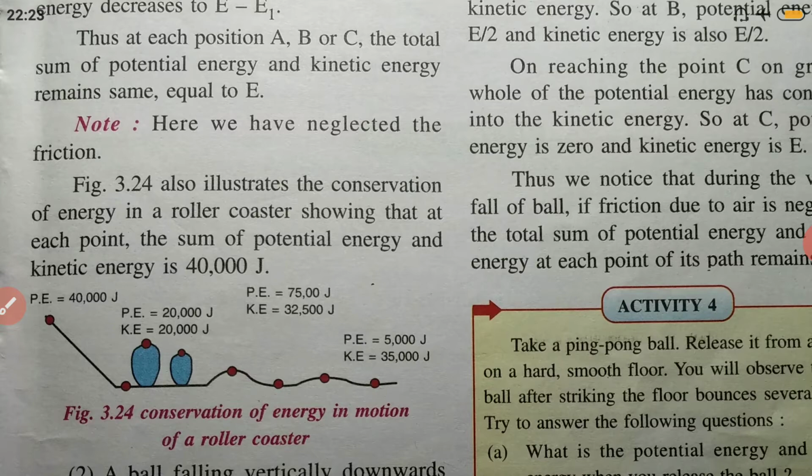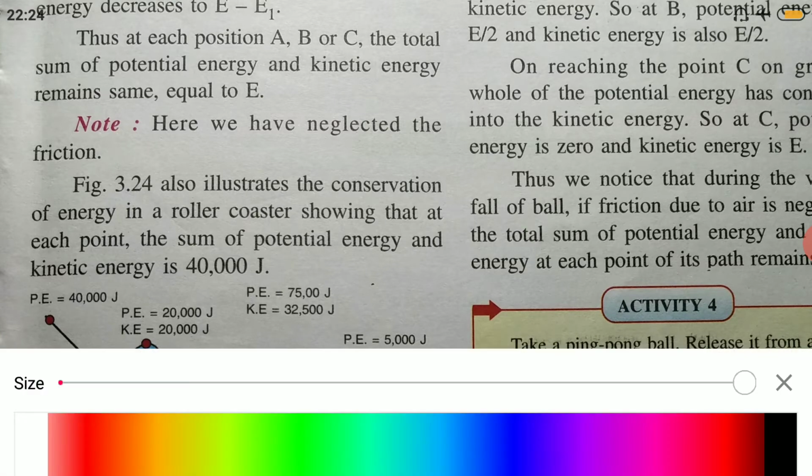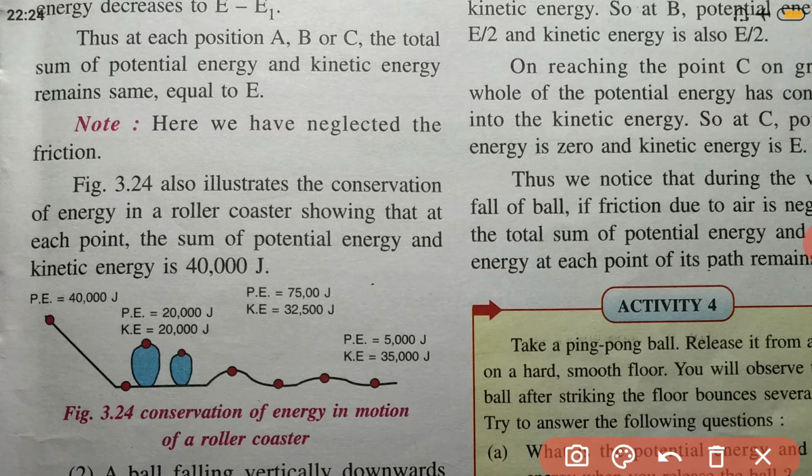Figure 3.24 also illustrates the conservation of energy in a roller coaster, showing that at each point the sum of potential energy and kinetic energy is 40,000 joules. So here at this point you can see, let me change the color. Okay, at this point you can see the potential energy is 40,000 joules, and there should not be any kinetic energy, right?